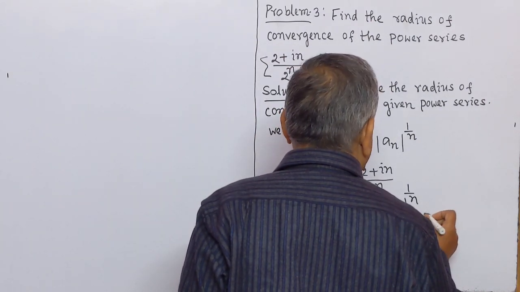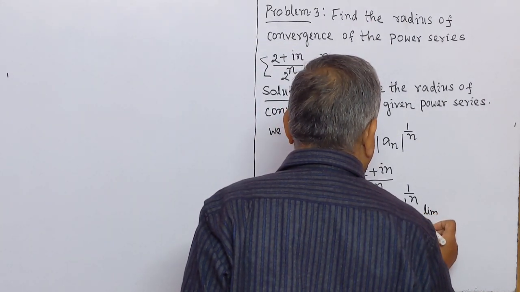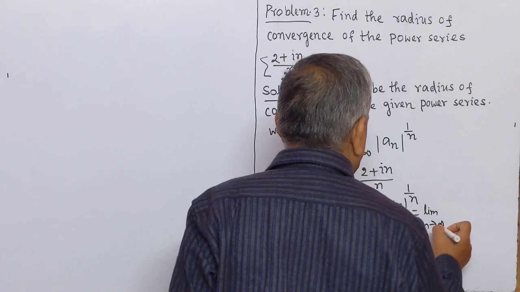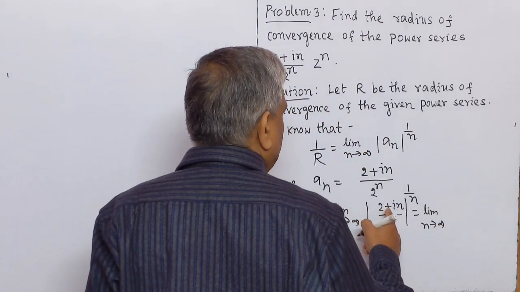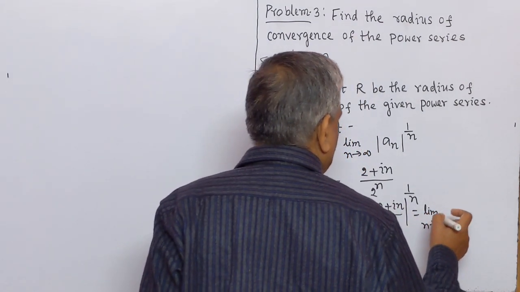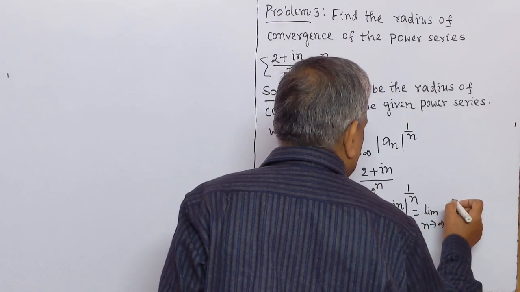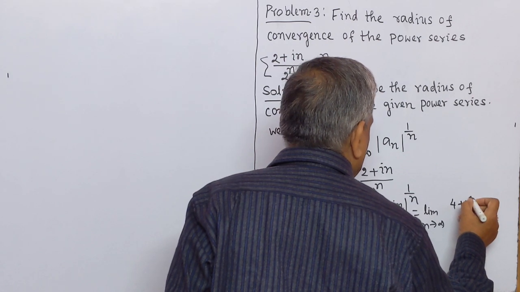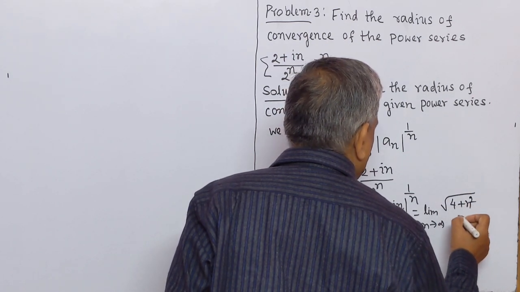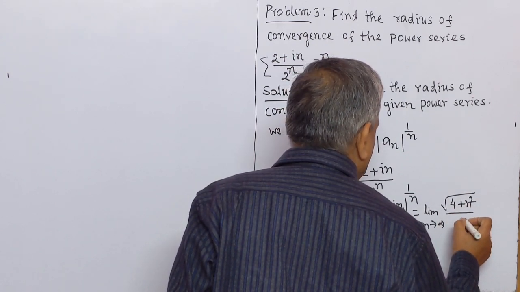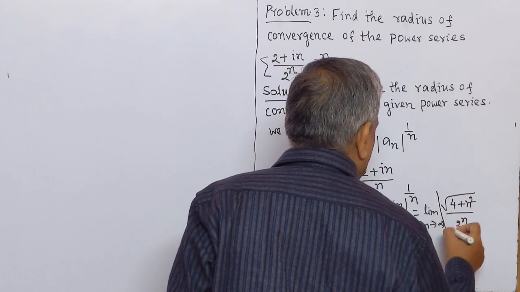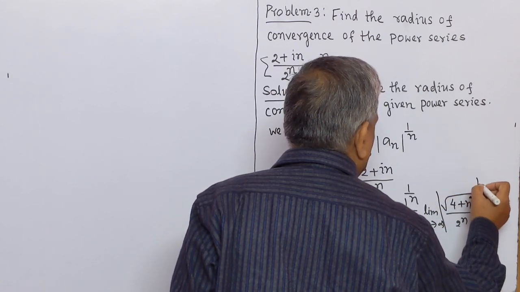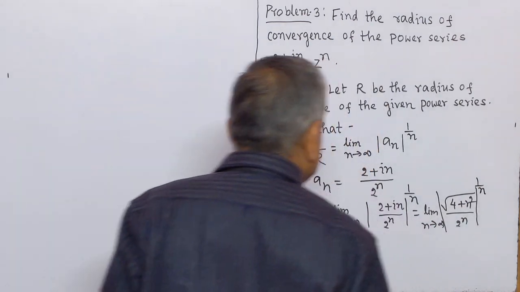This equal to limit n tends to infinity modulus of ((modulus of 2 plus in is square root of 2 square means 4 plus n square) by 2) to the power n, whole to the power 1 by n.